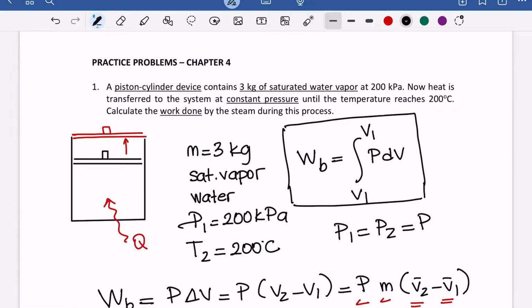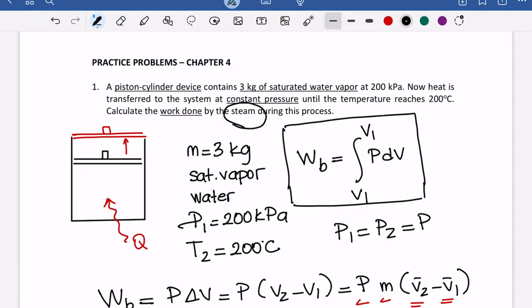In this question, they don't give us any other property that you can directly look up in your tables, but they give you a hint. They tell you it's a steam. So that means it is okay to assume it is steam, but still I would be careful.